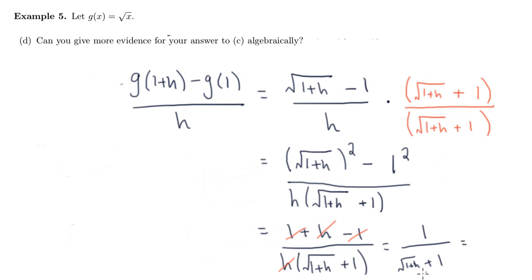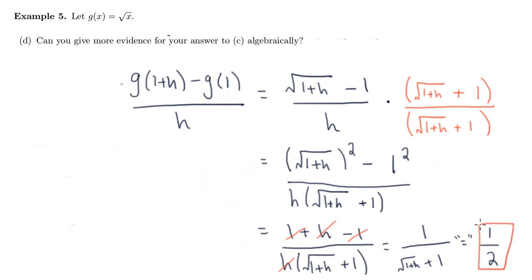Now what happens is if h is really, really small, let's just set h to be 0. Then this becomes 1 over square root of 1 plus 1, which is 1/2. And now, all of a sudden, I'm going to put this equals in quotes because it's not really equal. All of a sudden, we see where 0.5 is coming from.